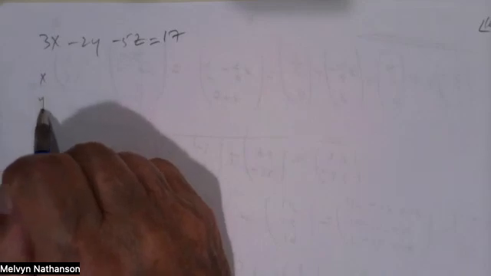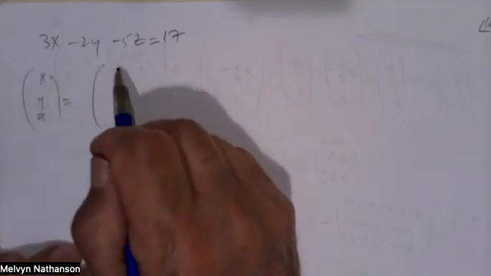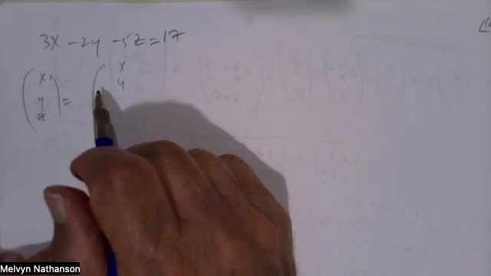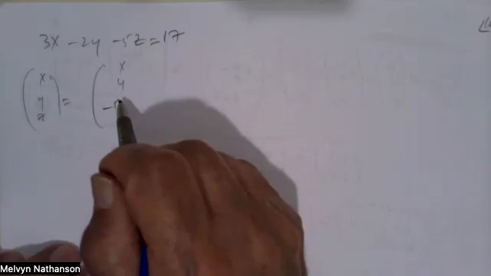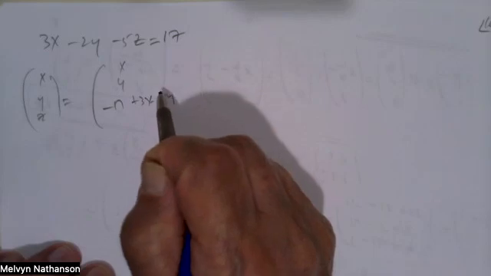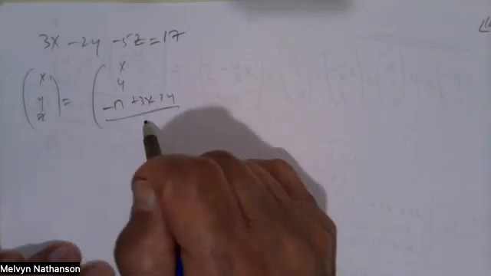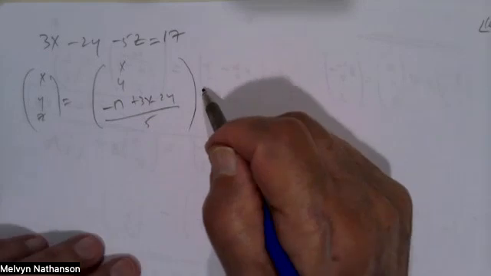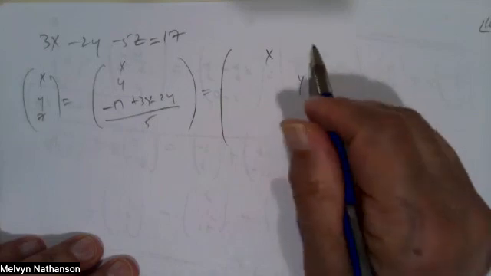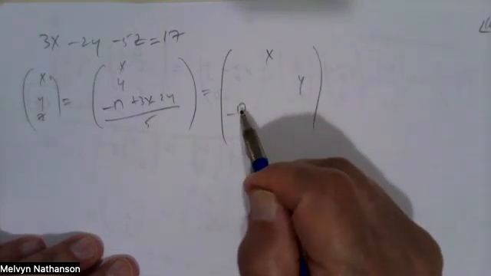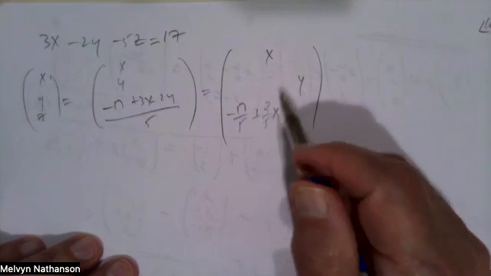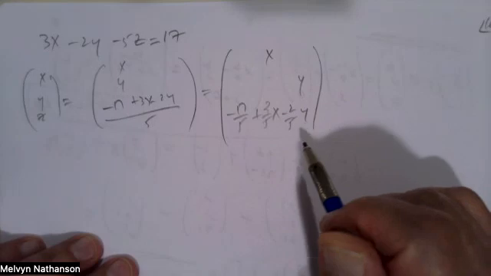And we saw the solution space was all vectors x, y, z where z was minus 17 plus 3x minus 2y, over 5, which I could write like this: x, y, minus 17 over 5 plus 3/5 x minus 2/5 y.